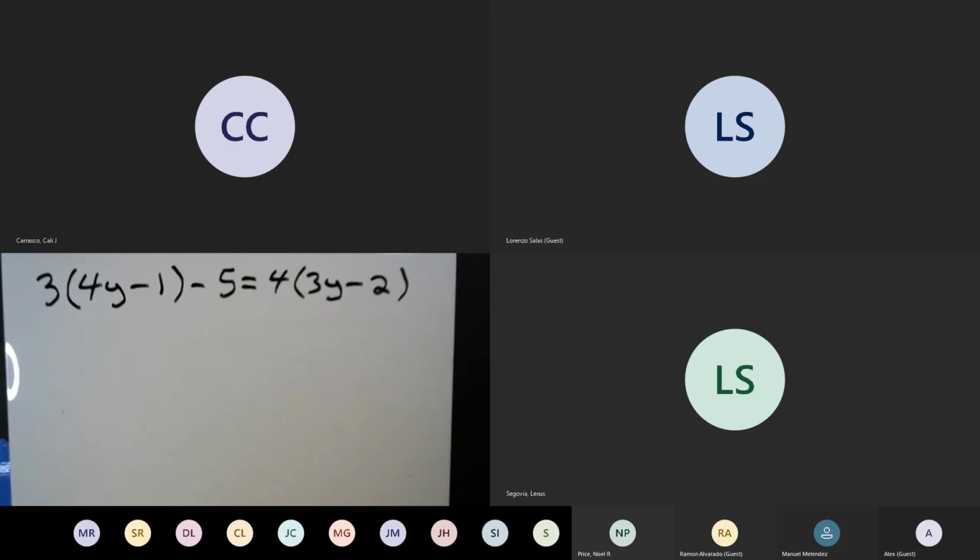All right. So what we're going to be looking at, let's distribute. This is the easiest way to deal with this. So we distribute the 3 and distribute the 4.